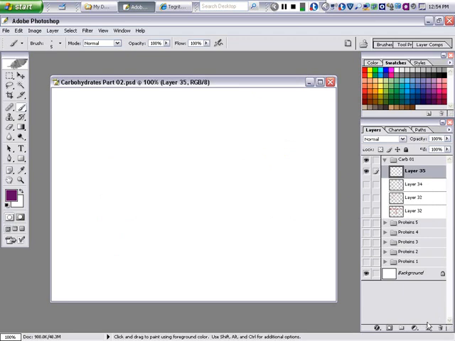Okay. Now what I'm going to do here, I'm going to draw, and it doesn't matter which one I draw. So let's do D-erythrose. So I'm going to draw D-erythrose here.